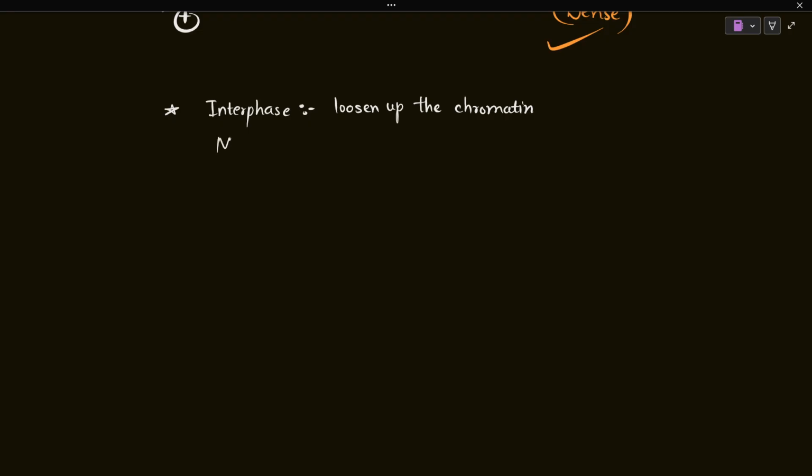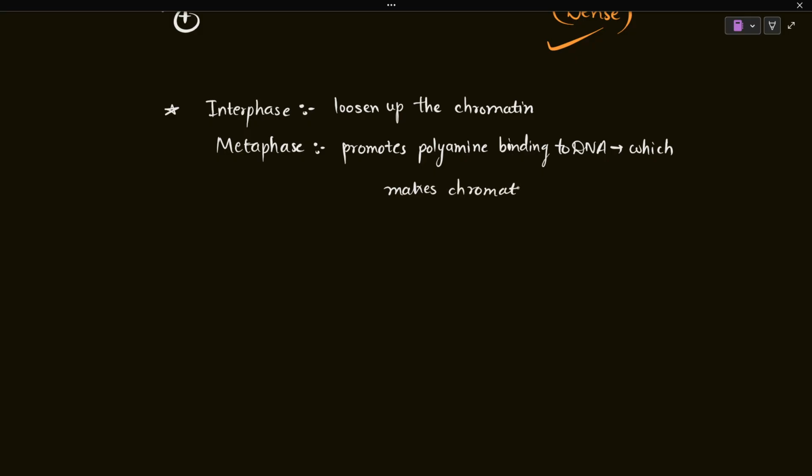But at metaphase, this makes the DNA histone interaction weak, and this weakening promotes polyamine binding to DNA, which makes chromatin dense and converts it into the chromosome.